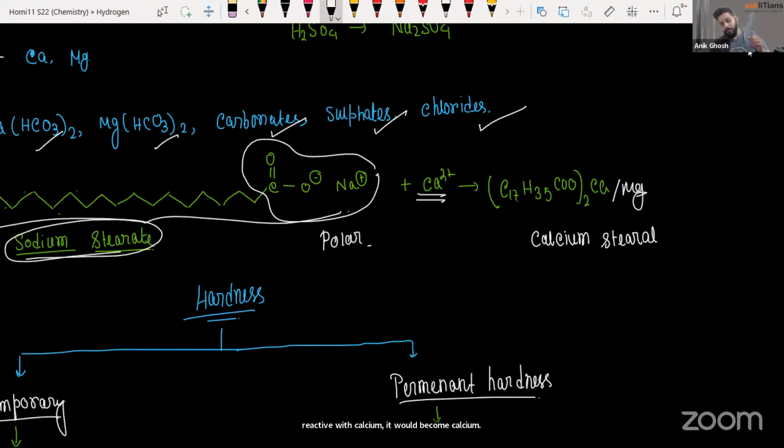Now what would be the product of that? Because of this calcium and magnesium salt, they would form a precipitate. So the entire detergent you are putting in water, the calcium is replacing sodium. Rather than using this detergent to remove dirt from the shirts or stuff, it is getting precipitated. That is why we don't form the lather or anything.